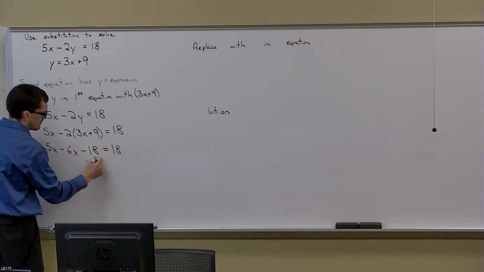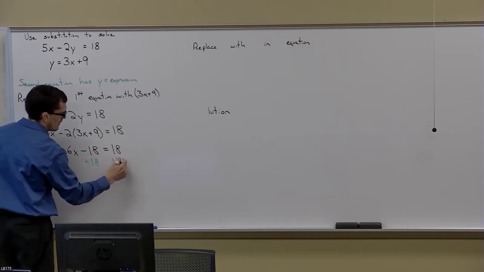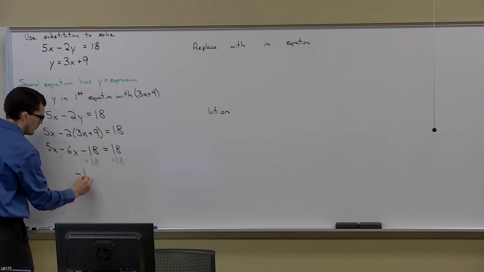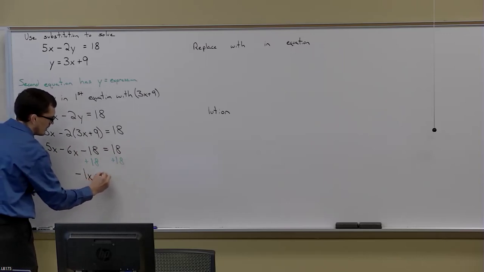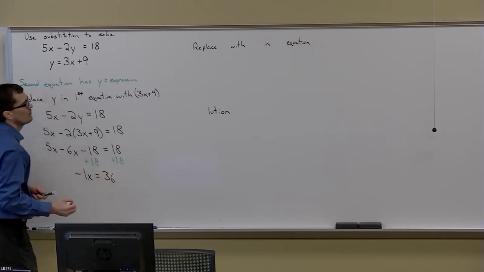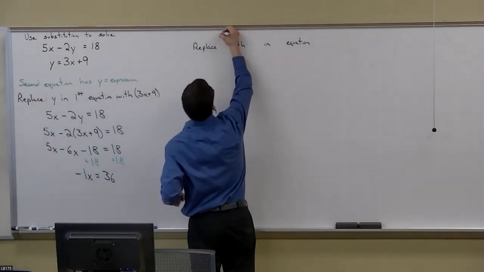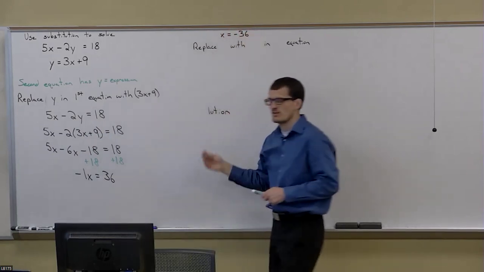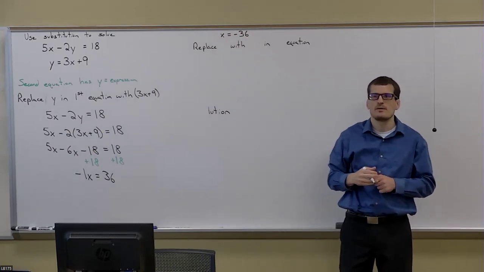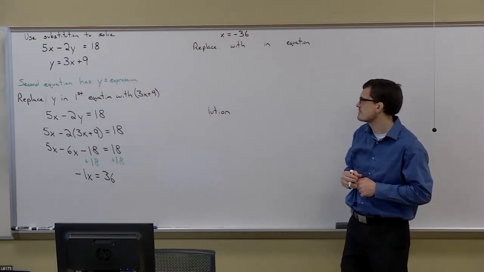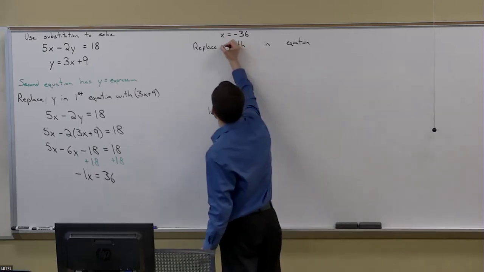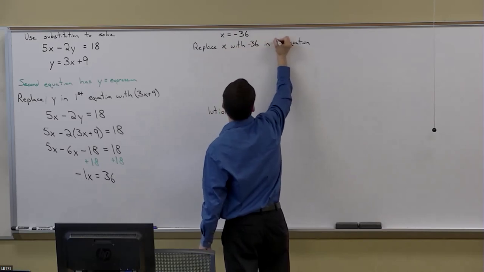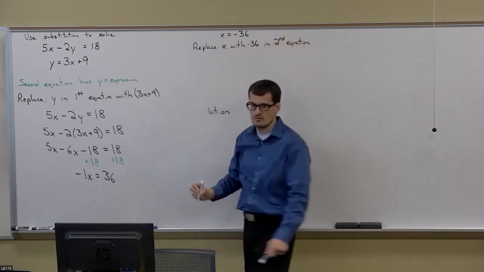Adding 18 to both sides gives you a 36, to get -1x is equal to 36, which means that x has to be -36, dividing both sides by -1. So I replace x with -36. And in this case, it's easier to put it into the second equation.